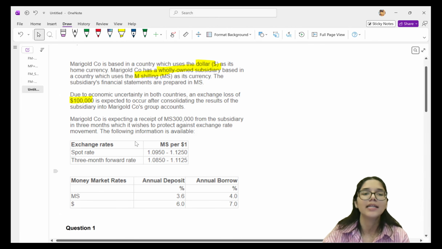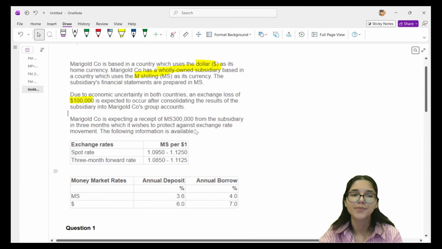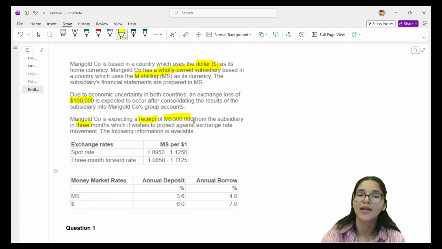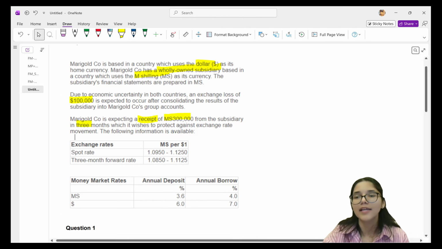Further, Marigold Company is expecting a receipt of $300,000 from a subsidiary in 3 months, which it wishes to protect against exchange rate movement. The following information is available. We are given the spot rate, the 3-month forward rate, and the rates for performing a money market hedge also. This is all the information that has been provided to me.